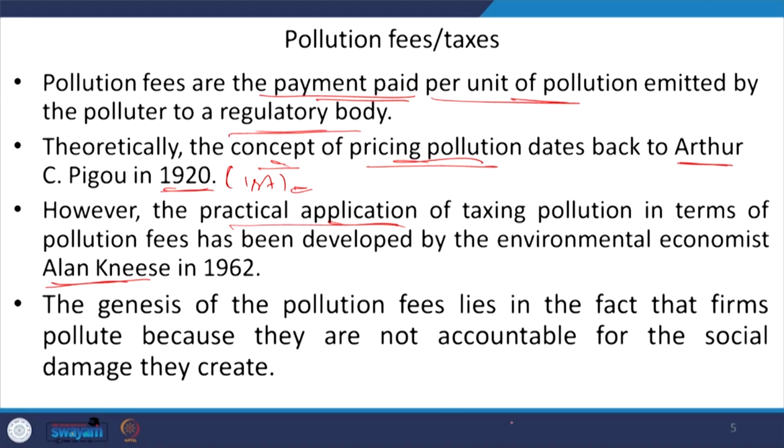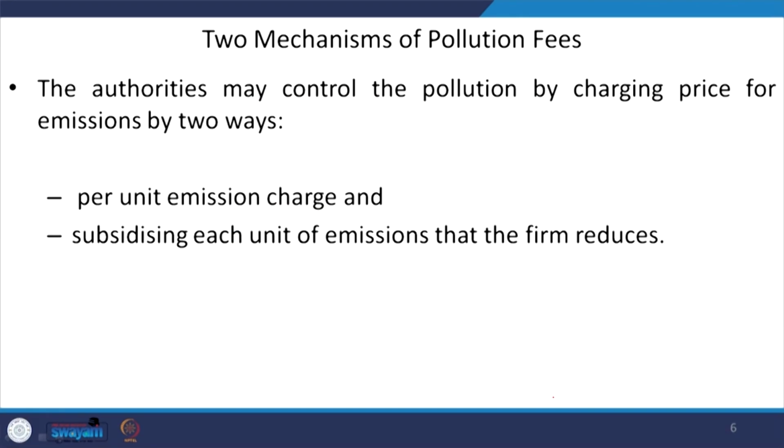And the very genesis of this concept of pollution fee is that firms do not take into account the social cost or social damage they are creating along with their own production. Because they are not taking this social cost or social damage into account in their production and profit function, this is a problem.